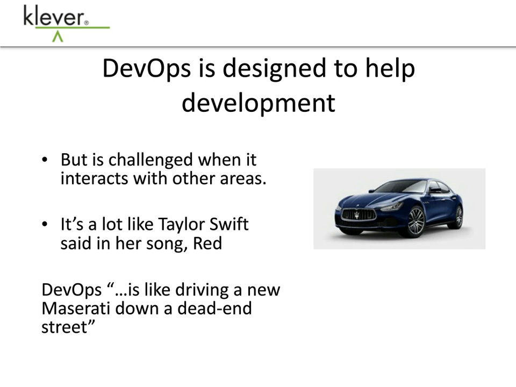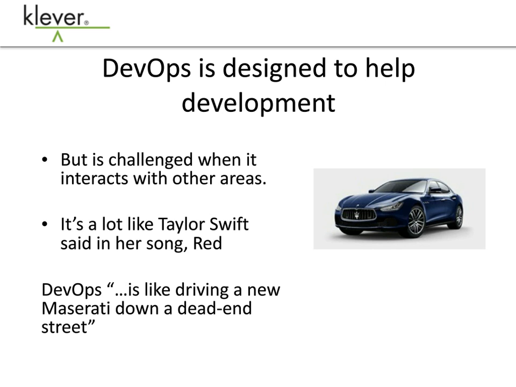It's designed to make the development process move faster. But it's challenged when it interacts with other areas. So that second component of DevOps, we have the component of DevOps at the top, which is really about this agile approach, this lean approach to developing solutions and tools and software. And the second part is how do we interact then in and out of the organization?